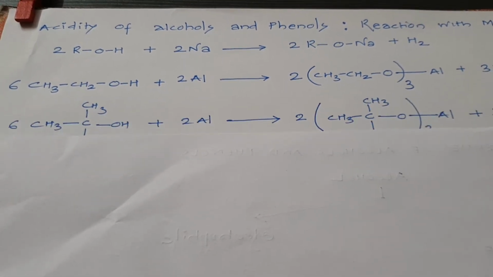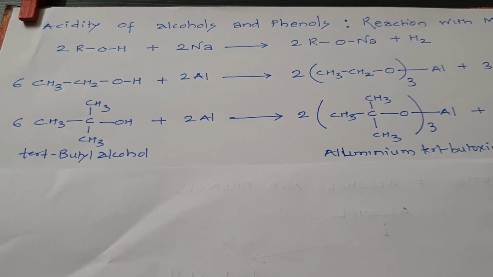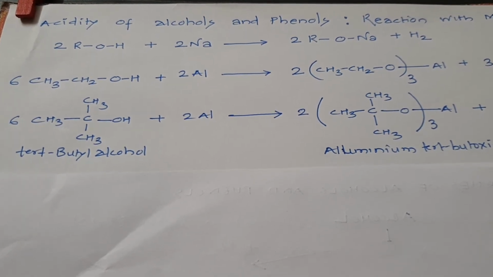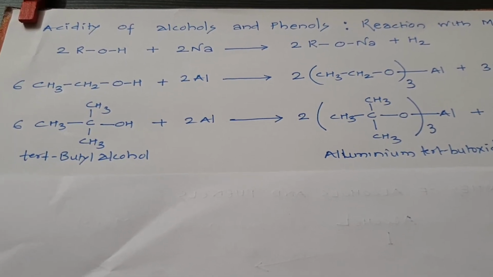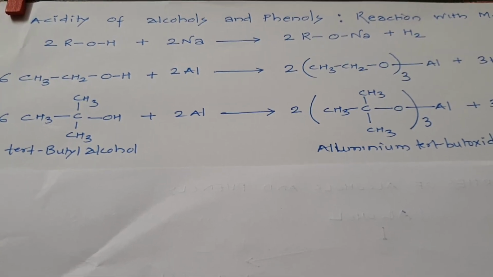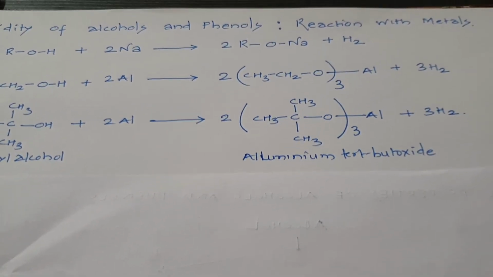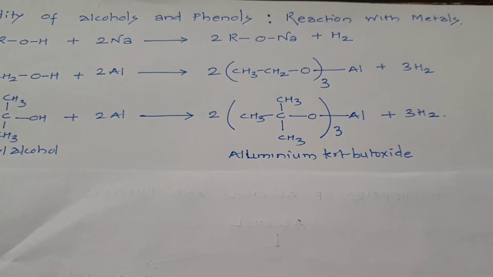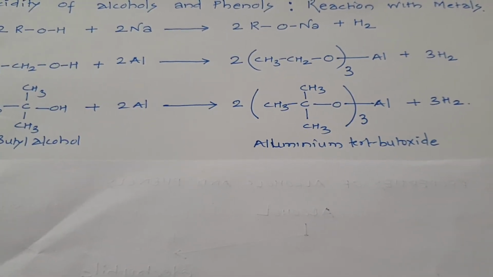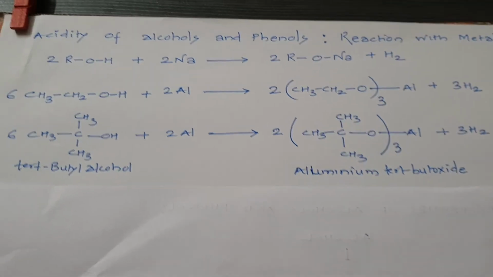This is another reaction which is also there in our textbook, wherein tertiary butyl alcohol reacts with aluminium to give aluminium tertiary butoxide with the liberation of hydrogen gas.